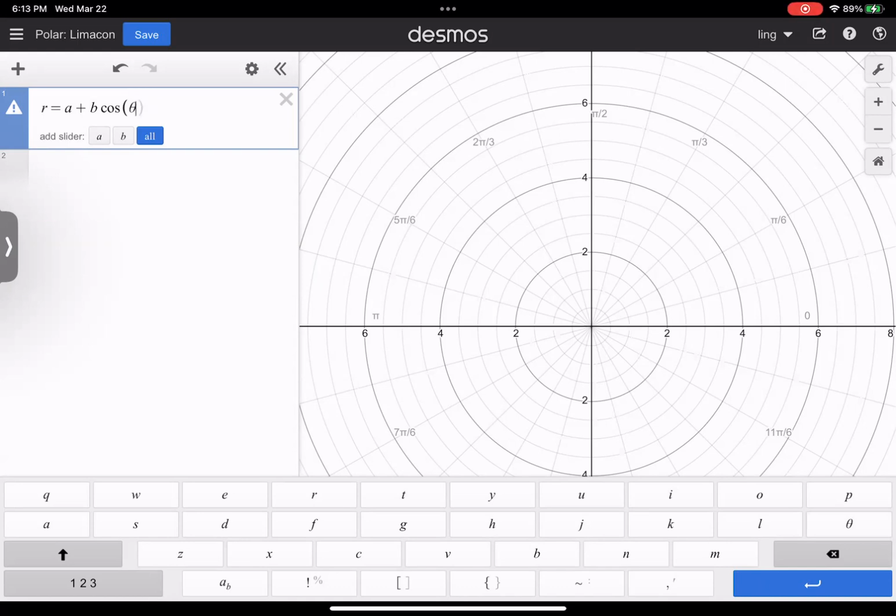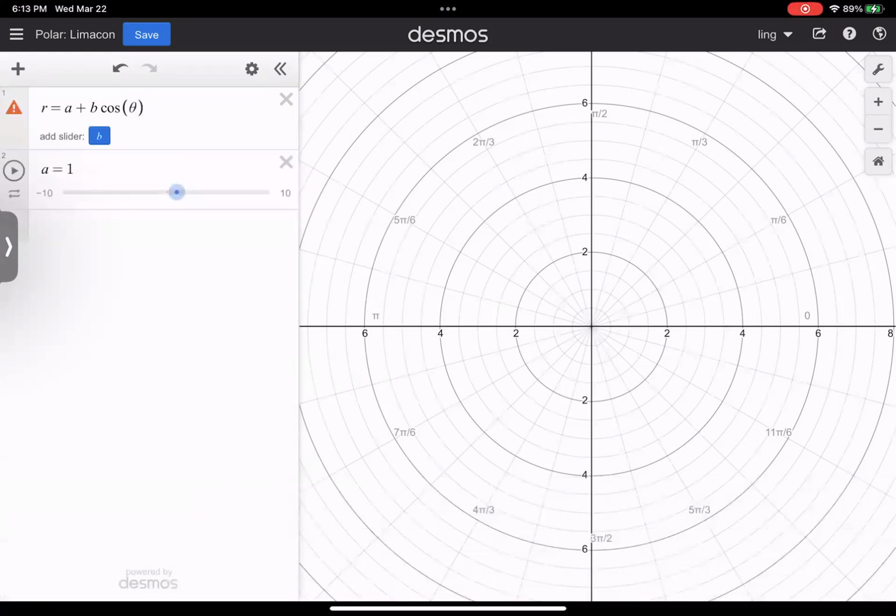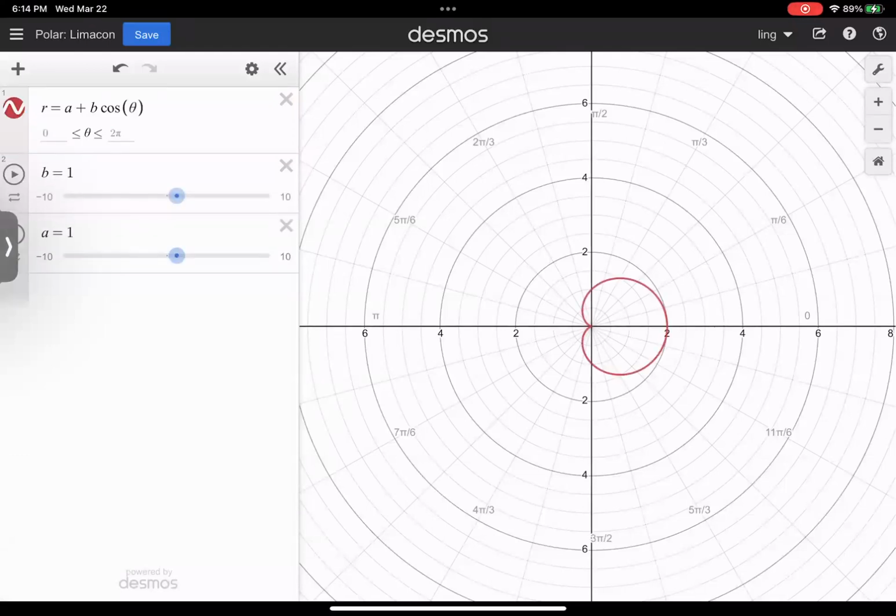And then you can add a slider for A, you can add a slider for B. After you add the slider, you will have this shape. I think your school forces you to remember the name, right? So when A and B are equal, what's this called?